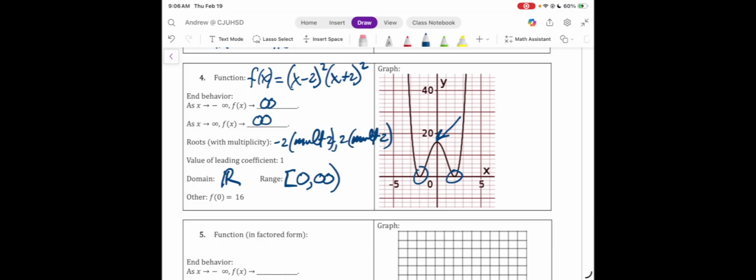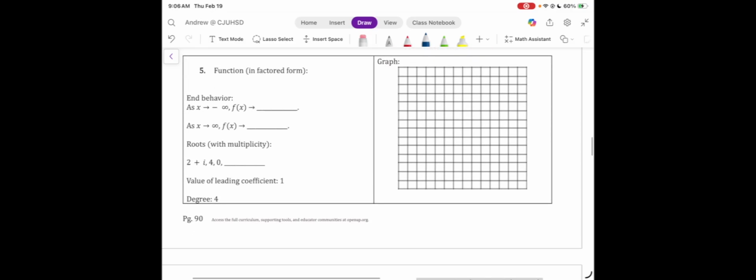Okay, number 5 introduces some imaginary answers, some imaginary roots. All right, so the roots are 2 plus i, 4, and 0, and an unknown root. Well, the unknown root is the conjugate of 2 plus i. It's 2 minus i. So here with our x-axis, and here with our y, we've got a root at 4.